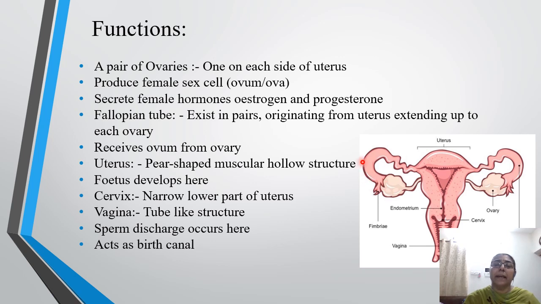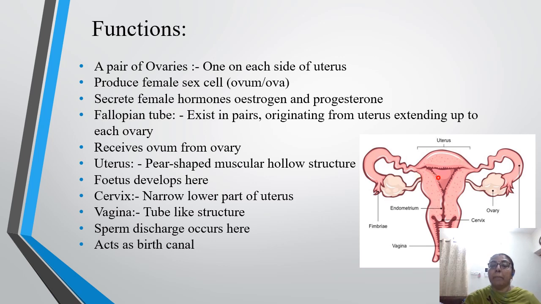From there arises a tubular structure called the fallopian tube, which also exists in pairs, originating from the uterus and extending up to the ovary. The major function of a fallopian tube is to receive the ovum from the ovary, and fertilization takes place inside the fallopian tube.